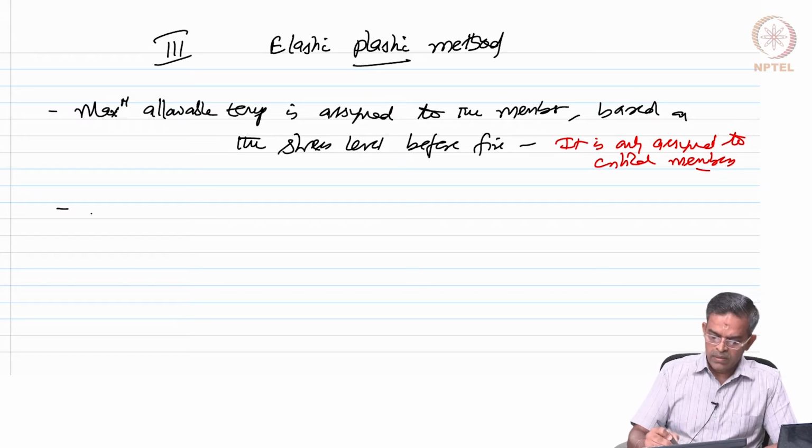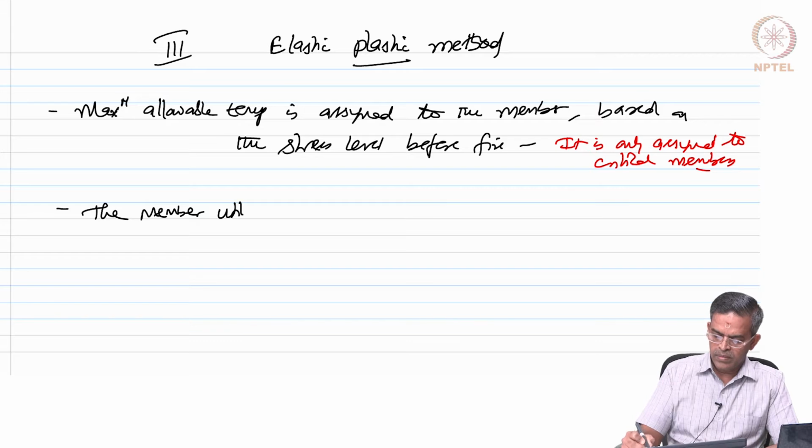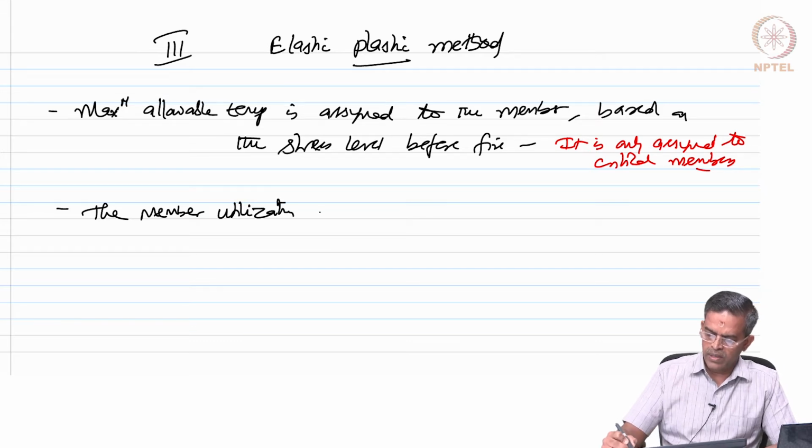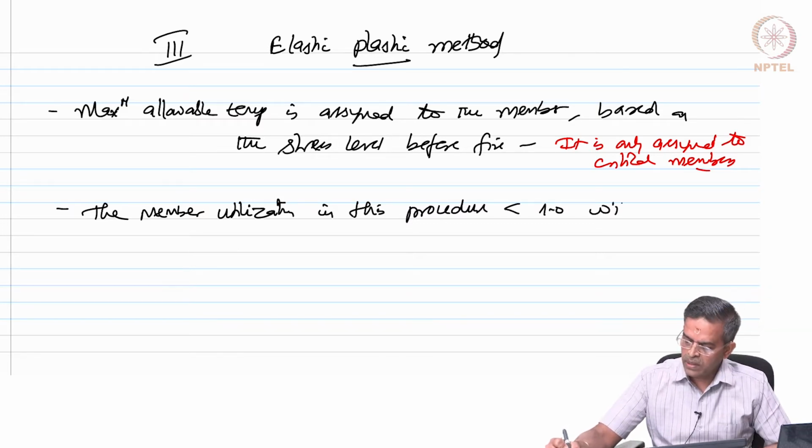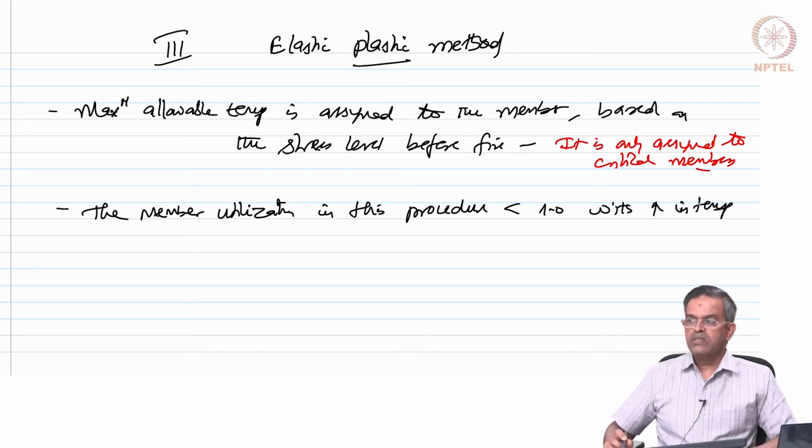Okay. As a result, the member utilization in this design procedure is lesser than 1.0 with the increase in temperature. So, all members are not subjected to uniform stress range, only those critical members subjected to higher temperature during fire are assigned a specific stress value.